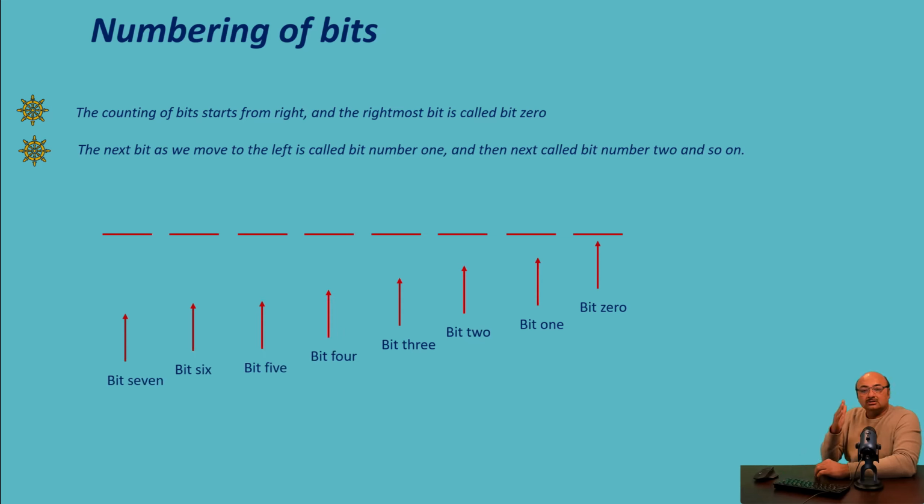So remember, the counting of bits begins from the right with bit number 0, and as we move from right to left, the bit numbers increment. In all, there are 8 bits, 0 to 7, but we don't call them the first bit and the 8th bit. We call them bit number 0 and bit number 7.